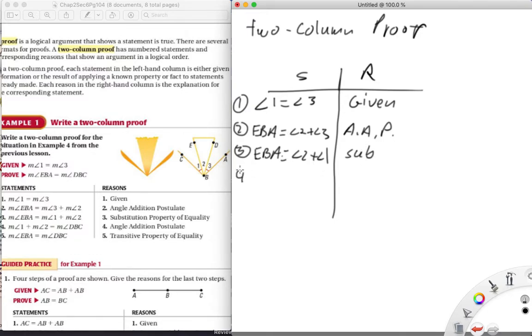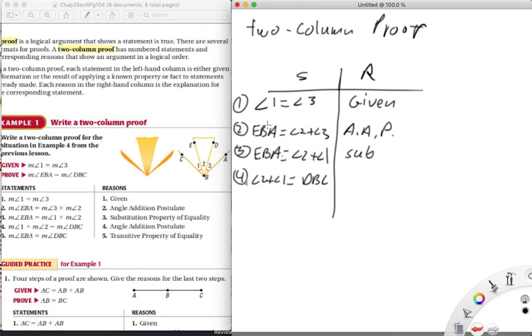Step 4 says angle 2 plus angle 1, I can write it angle 2 plus angle 1 to be consistent, is equal to DBC. EBA is equal to 2 plus 1, and 2 plus 1 is equal to DBC.